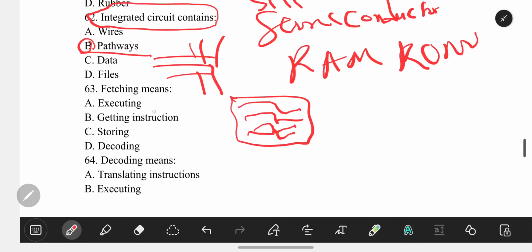Then when we have 63, fetching means, when you fetch something, you are grabbing it, bringing it to where you are. So if you are here, you are getting it and bringing it to where you are. So fetching involves getting instructions.